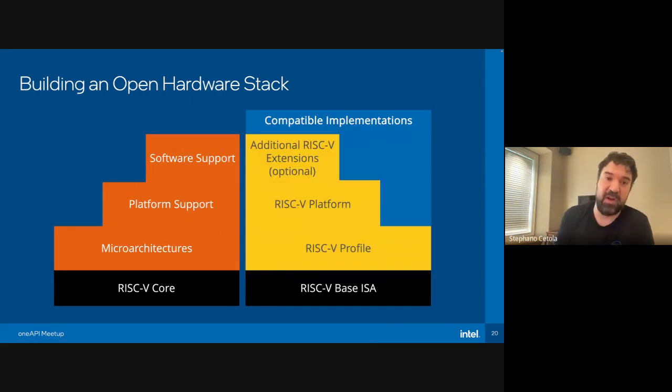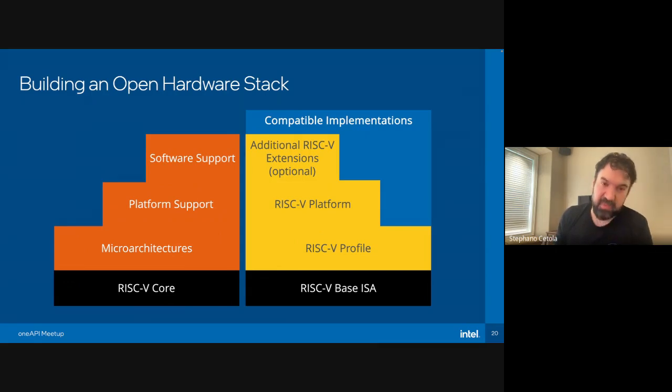And so that's where the profiles and platforms fit in. There's this concept that RISC-V is building around compatible implementations. And the idea is that if we all implement according to the correct profiles and platforms for whatever we're trying to accomplish, whatever we layer on top of that can take advantage of the standardization underneath.